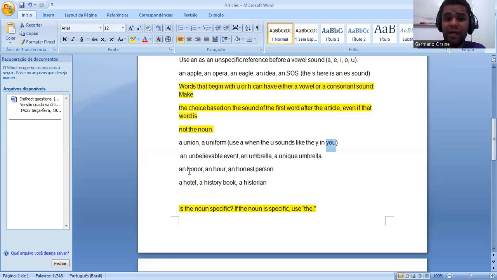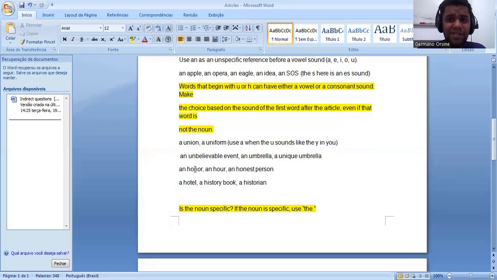And honor, look, H is a consonant letter, but in this case, it also has two sounds, just like the letter U. It can be "ha" or it can be silent. When it has this "ha" sound, it is considered a consonant. And when it's silent, it's considered a vowel sound. Let's take a look. An honor, it's silent.